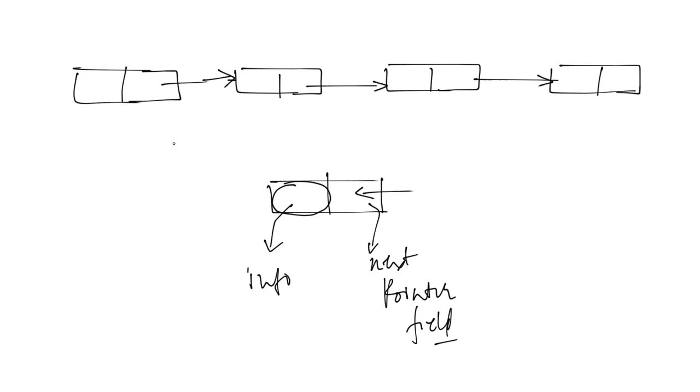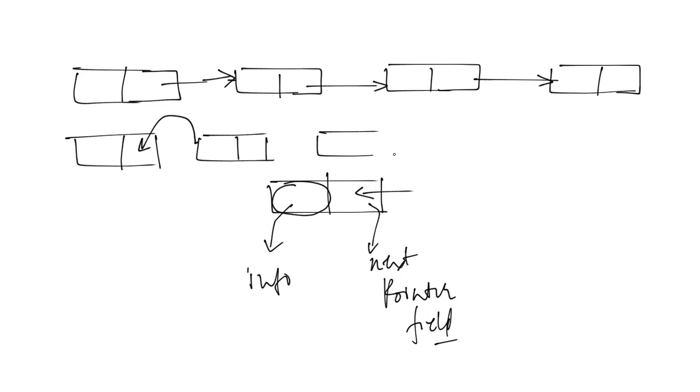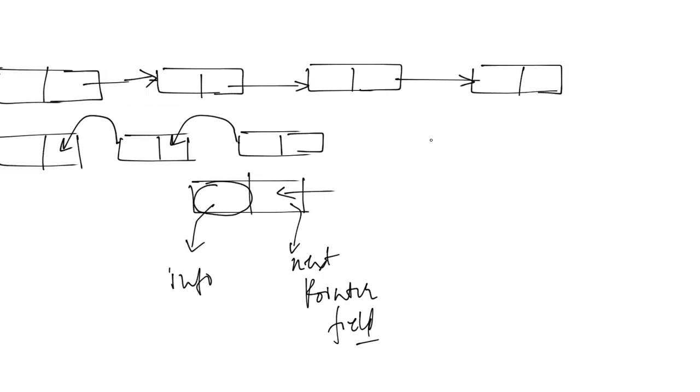If we look closely, it should be something like this. The address of this node is going to be kept here. Again, the address of the next node should be stored here, and the address of this node should be stored here.